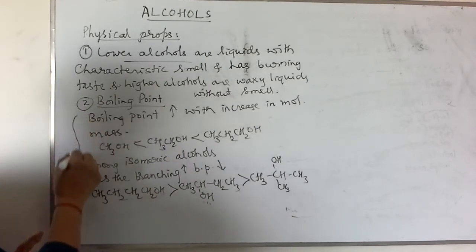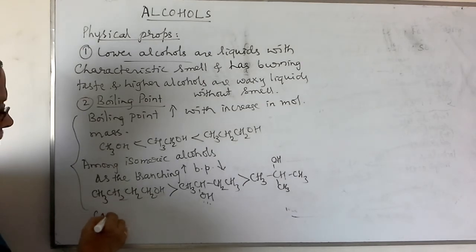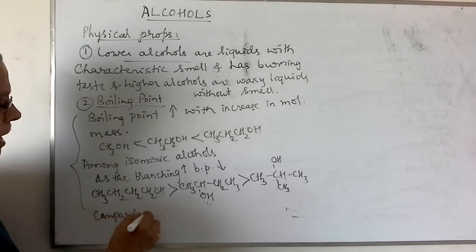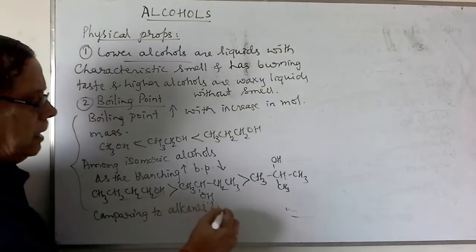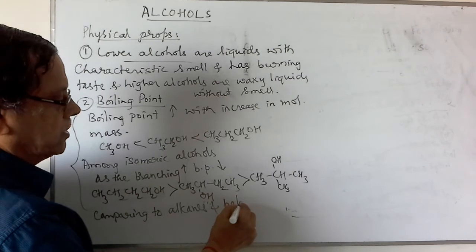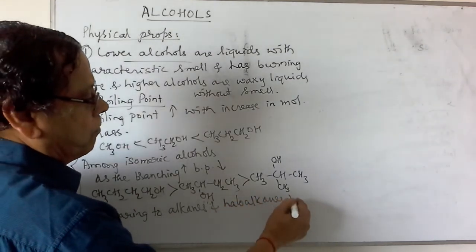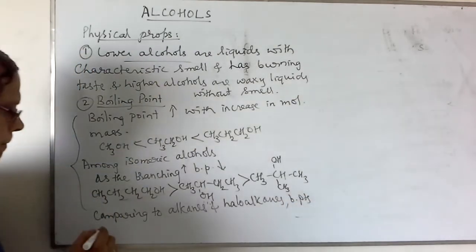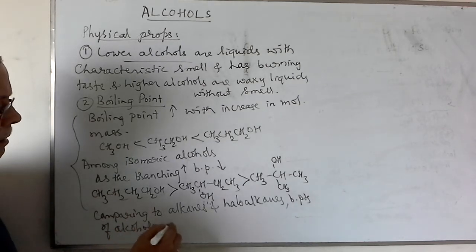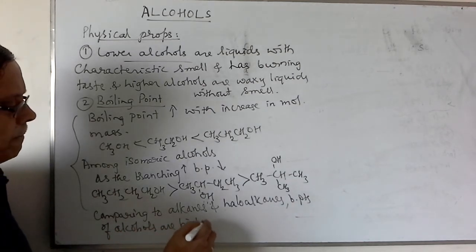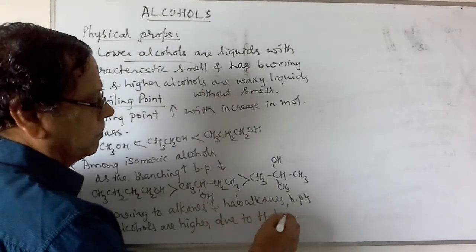And when you compare the boiling points of alcohols to alkanes and haloalkanes, boiling points of alcohols are higher. It is due to hydrogen bonding.